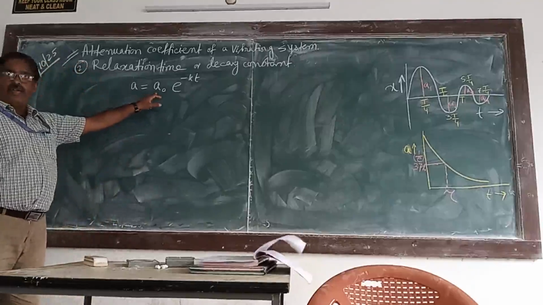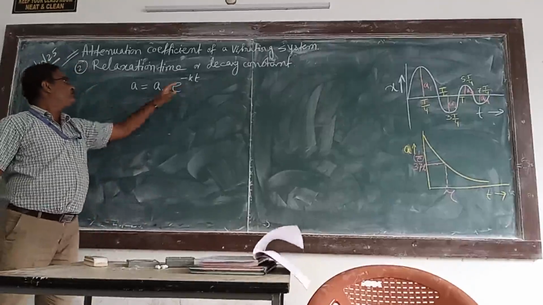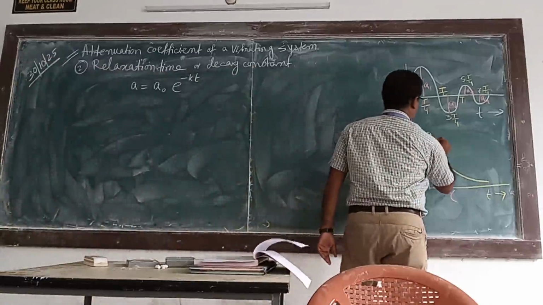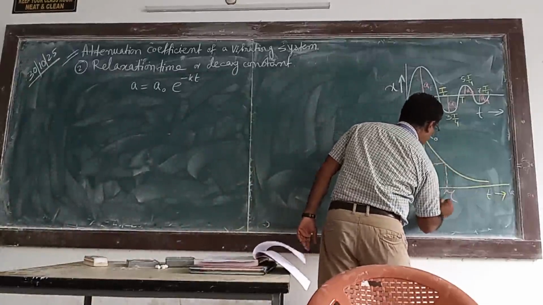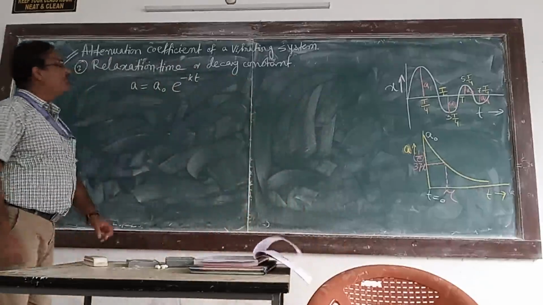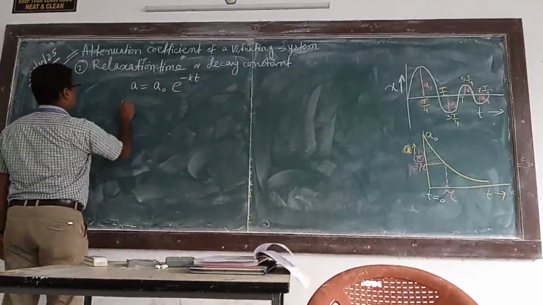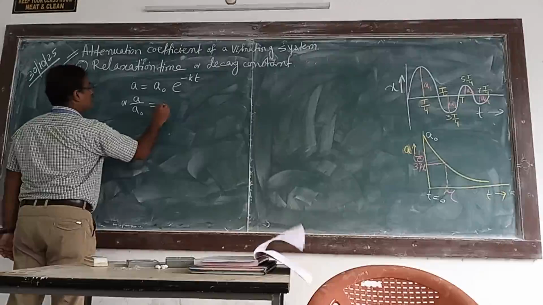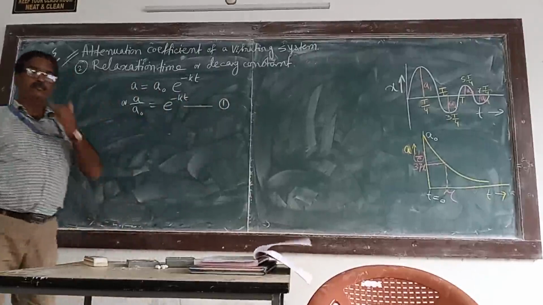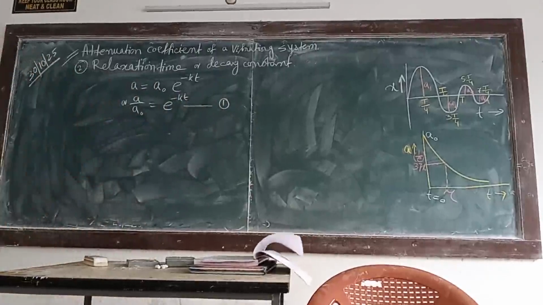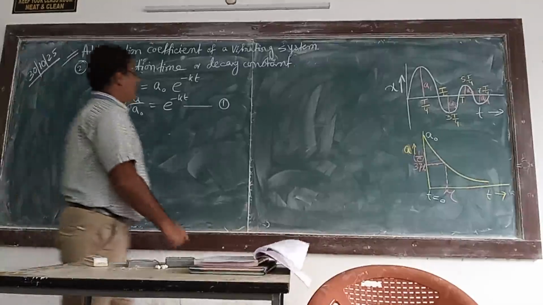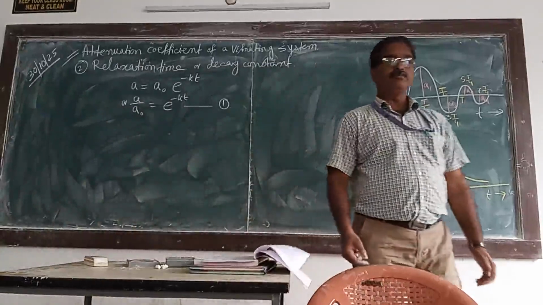Instead of C, we write A0, because when t equals to 0, A equals to A0, the initial amplitude. So we write A equals to A0 e to the power minus kt, or A by A0 equals to e to the power minus kt. Equation number 1.